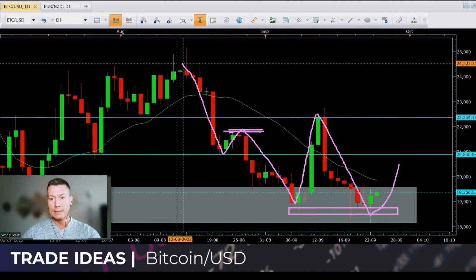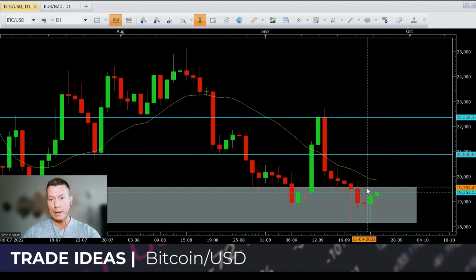And we got this large bullish candle form yesterday. It's telling me we could take price firstly up to this blue line. These were the lines I plotted a few days ago, but they're still intact, or even this high here. So this is a buying opportunity for Bitcoin against the US dollar.